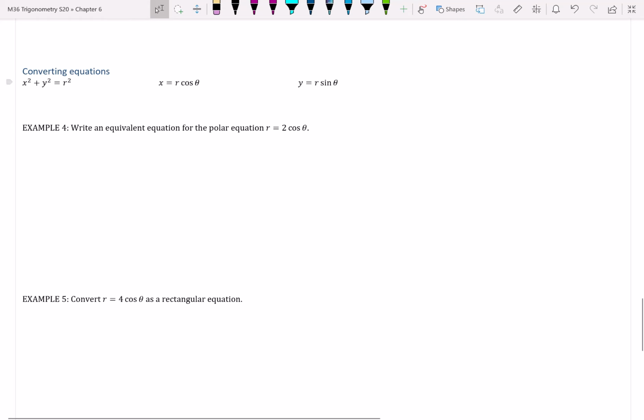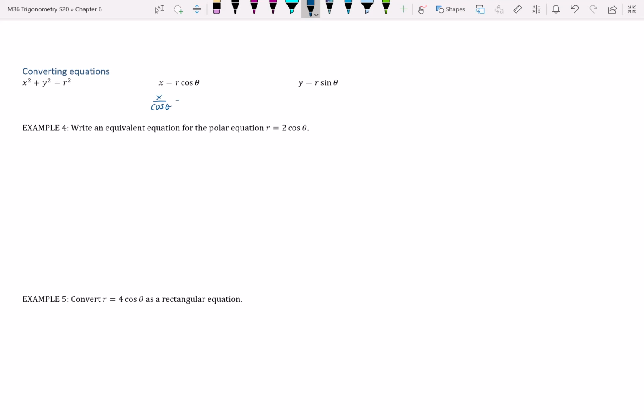Again, we could use this back and forth. We also know that x is equal to r cosine of theta. We also know that y is equal to r sine of theta. And we can always manipulate these however we want. So for example, if we wanted to have r by itself, we could do x over cosine of theta is equal to r.